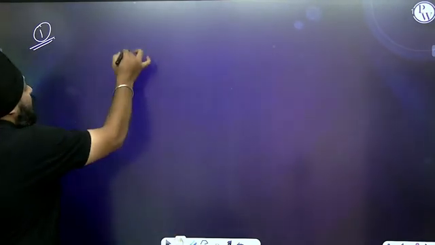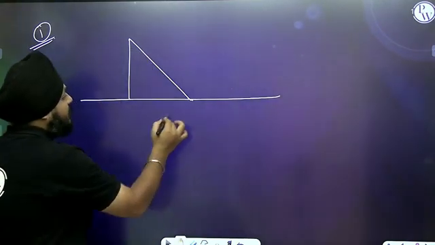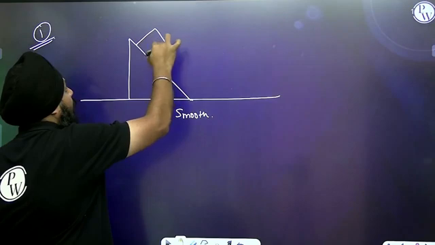This question was asked in NEET. This is a wedge, the surface is smooth, here a block of mass m is there.